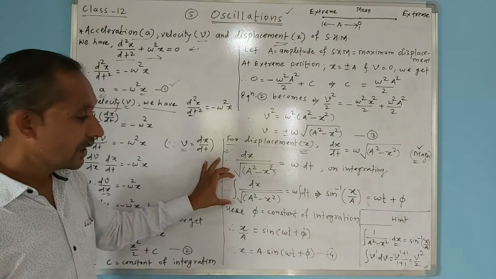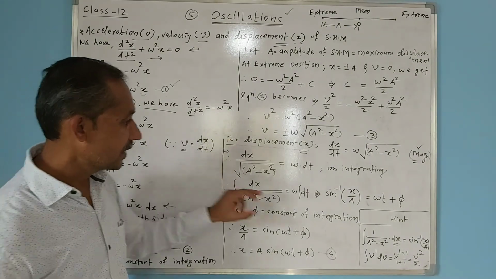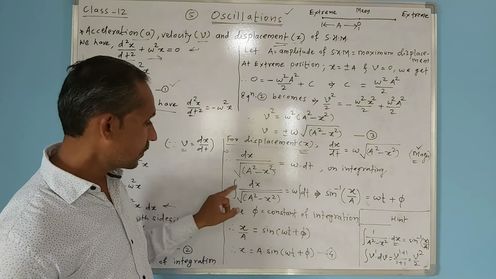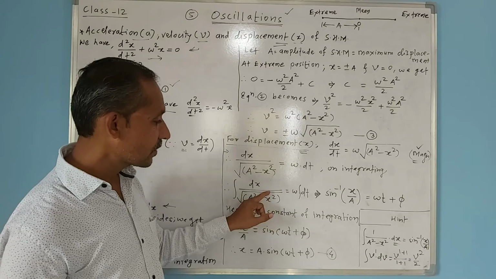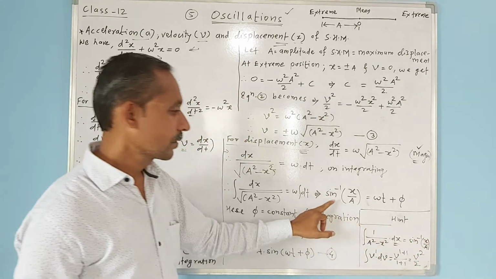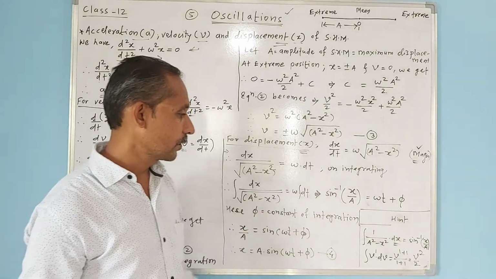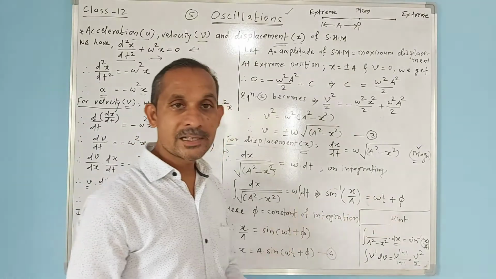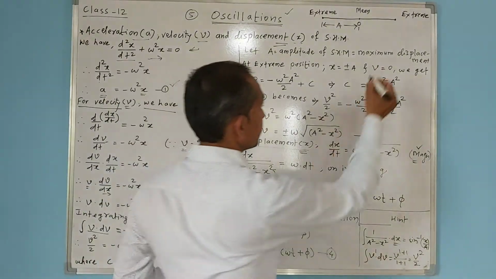So at the left hand side, the answer will be integration of dx divided by under root a square minus x square, which is nothing but the sine inverse of x upon a. So sine inverse of x upon a is equal to omega times integration of dt.